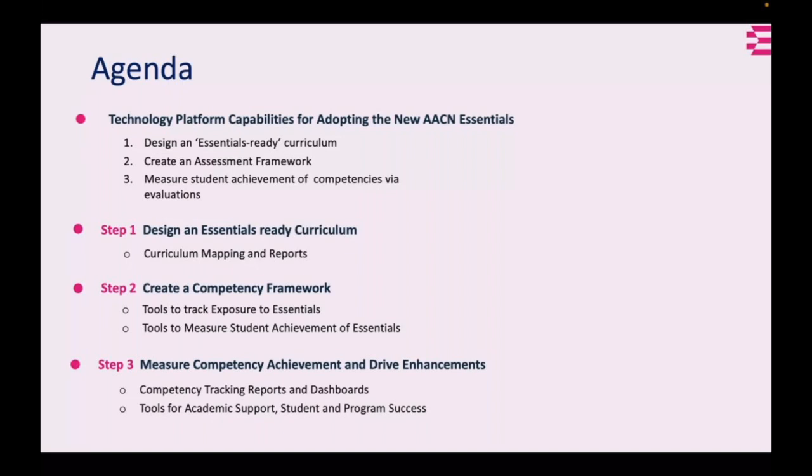And here I'm going to talk about all the tools related to curriculum mapping and what kind of bird's eye view and granular reports that we support that will help you with mapping and gapping, backward design, all of that. The second step is going to be creating a competency framework, where we'll be talking about all the different tools to track exposure and achievement. And the third step is measuring competency achievement by your students to drive enhancements. So this is how I'll be breaking up the whole presentation, approximately 15 to 20 minutes for each part of this presentation.